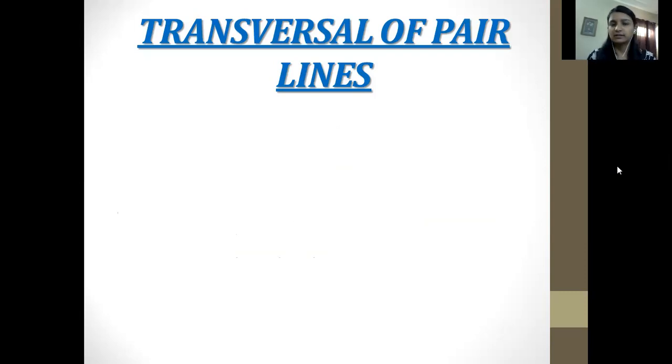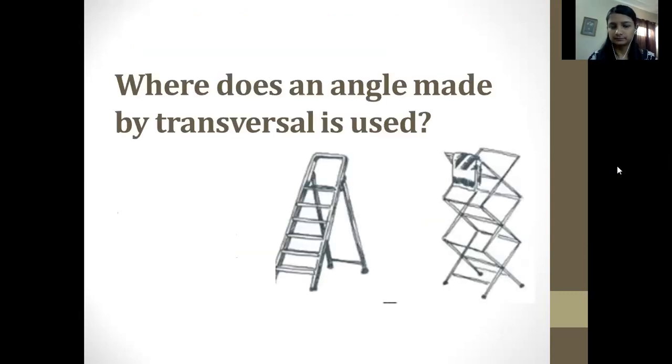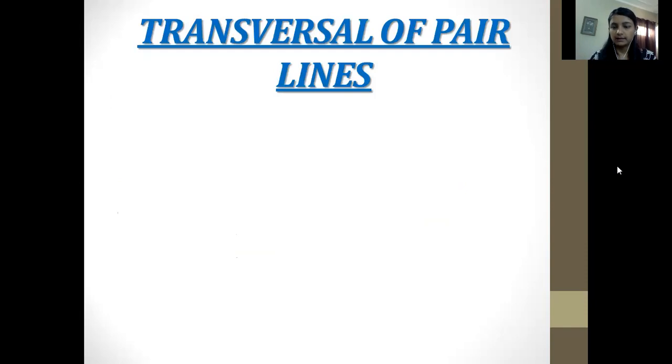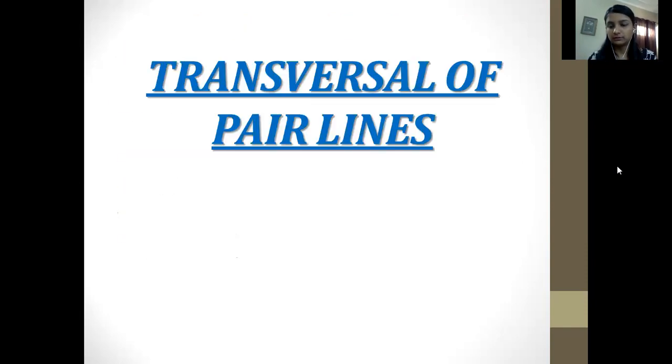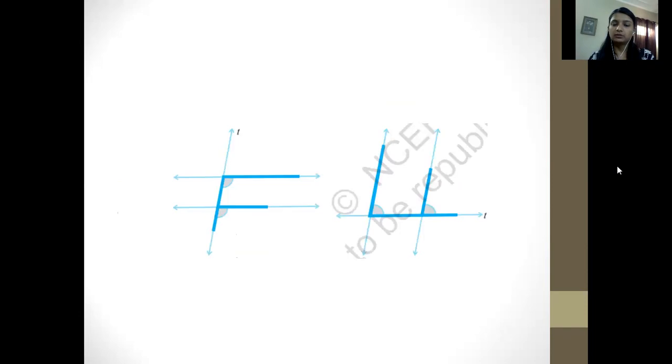What is actually a transversal of paired lines? Like I have shown you in the very first picture, here you can see that two lines are cut by one line where the angles are formed. Like here you can observe it. Let me know what is a transversal, that means two paired lines.